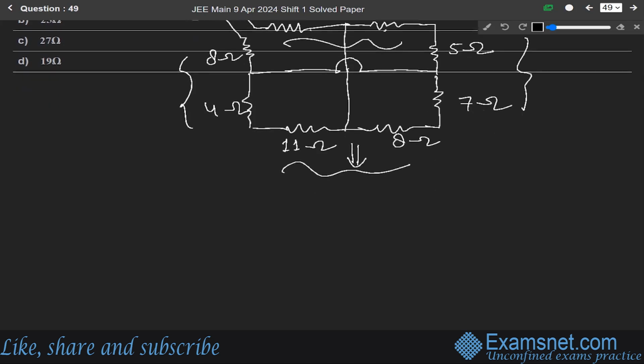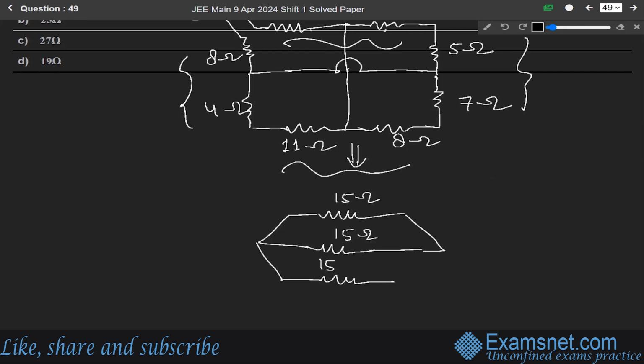So using parallel and series combinations for resistances, we get this one as 15 ohm, this one is also 15 ohm. Okay, and this will become 15 ohm. And now this one is of 8 ohm. This is point B and this is point A. This will become 6 ohm. Okay, using parallel and series combinations for these resistances.